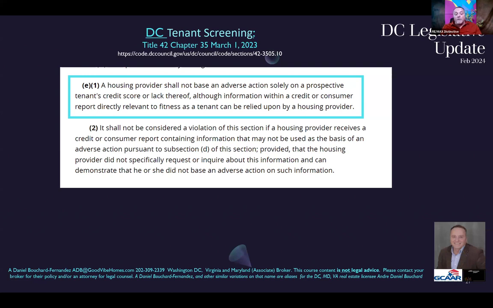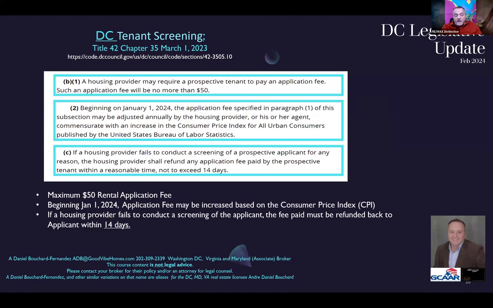We are working on Form 5A, Form 5, Form 4, Form 3 as part of the rental lease in DC.